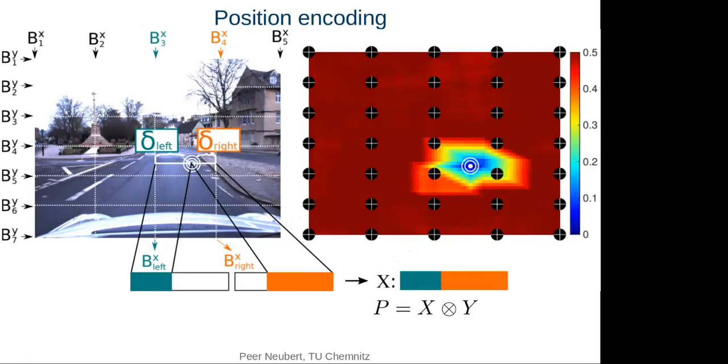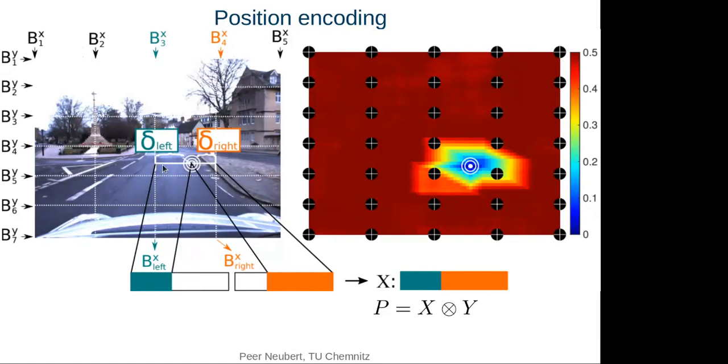To encode the X position, we split the image into this kind of grid and spread random vectors to those grid borders. And to encode this image position, we just look to the closest left neighbor and the closest right neighbor and just concatenate parts of these 2 basis vector appropriate to the distance to each of them.